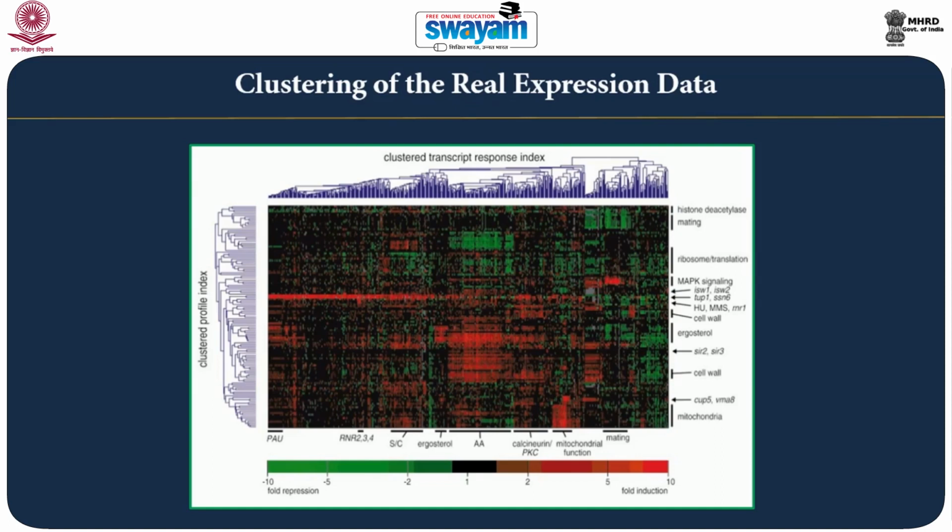Our experience tells us, and it's very easy to interpret, that the expression values of those sets of genes which regulate similar kinds of pathways are all clustered together in one cluster. In other words, their expression values are very related to each other.